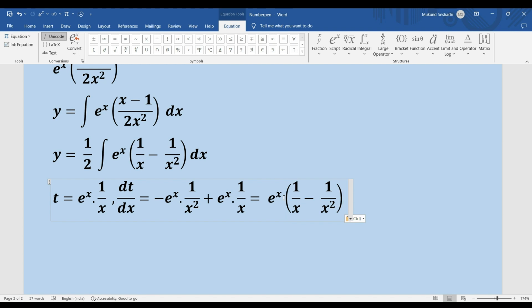I pulled out e to the power x. So my dt by dx is equal to e to the power x times 1 by x minus 1 by x square, and therefore my dt equals e to the power x times 1 by x minus 1 by x square dx, right?